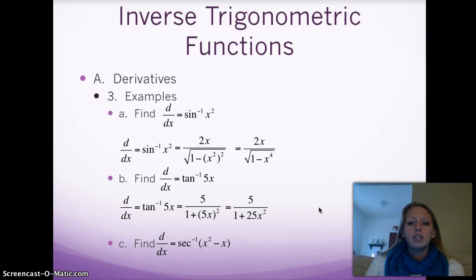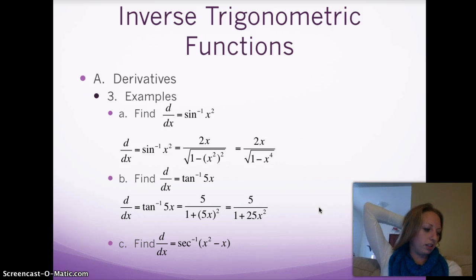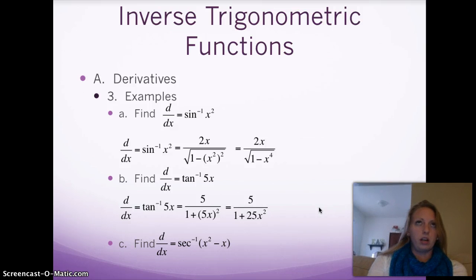C, find d/dx of secant inverse of x squared minus x. This one's a little bit longer, partially because the secant formula is longer. The secant formula in general is 1 over the absolute value of u times the square root of u squared minus 1.